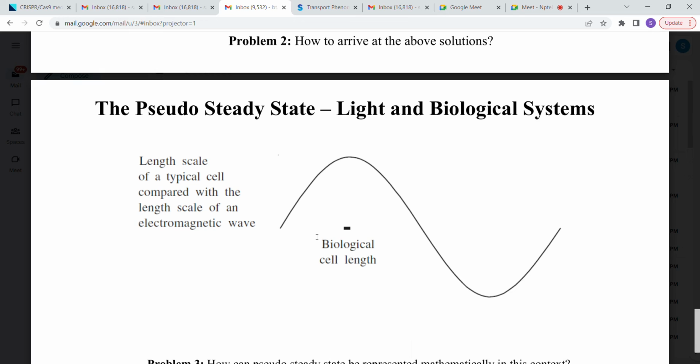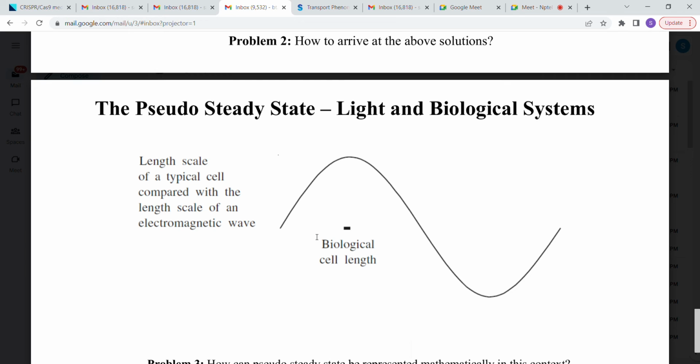If we take two different phenomena and we are trying to understand the interaction between these two systems, and the rate at which one system operates is far different, orders of magnitude different, from the rate at which the other interacting system behaves, we can say that this combination of systems is in pseudo steady state.